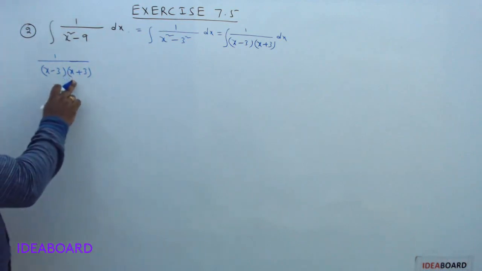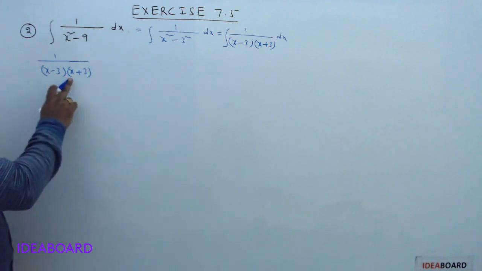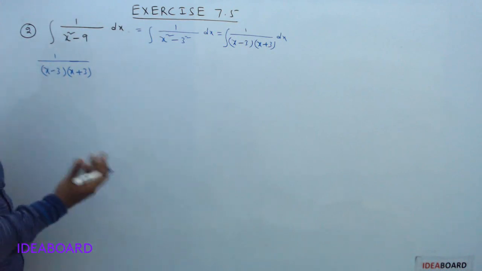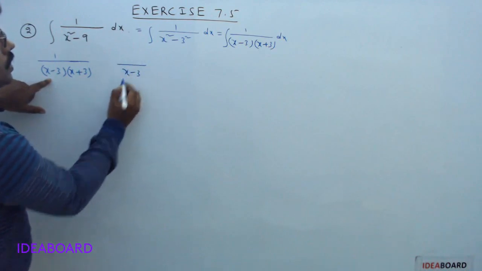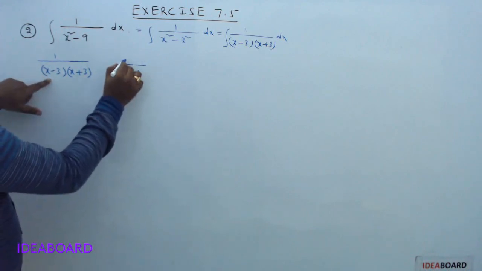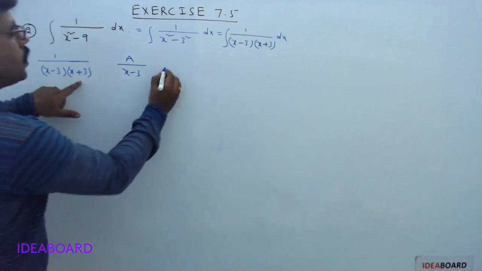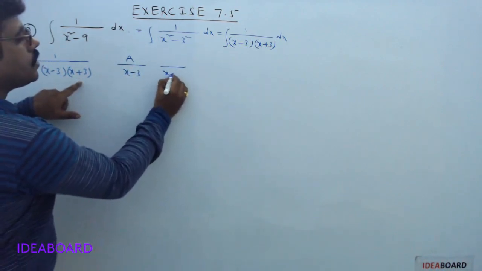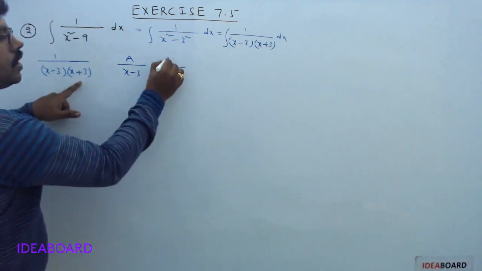Now if your given problem is related to type 1, how to resolve this fraction into partial fractions? Corresponding to this non-repeated linear factor, you can write down a constant term in its numerator. Let it be a. Corresponding to the other non-repeated linear factor, you can write down a constant term in its numerator.